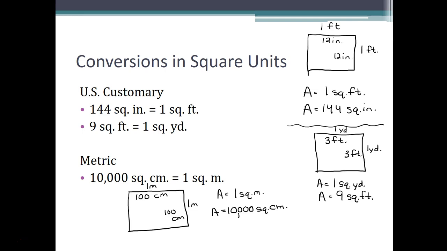All right, so let's look at a problem where you have to use those. Let's say you need to convert 396 square feet into square yards. Well, we know there's 9 square feet in 1 square yard.